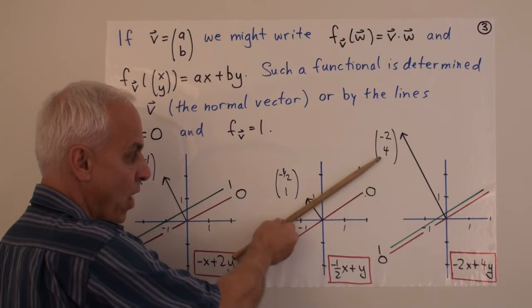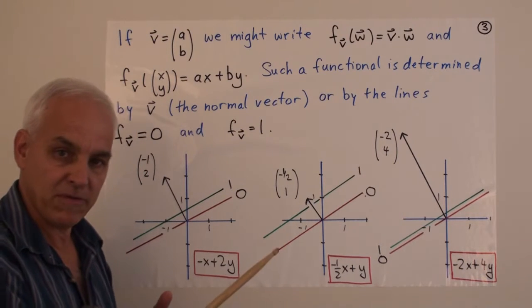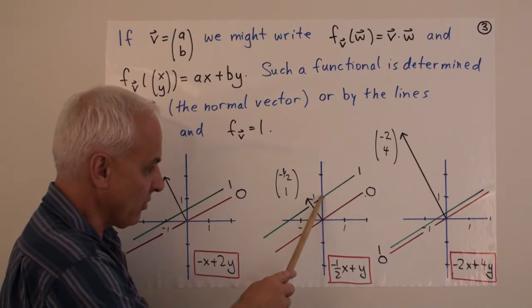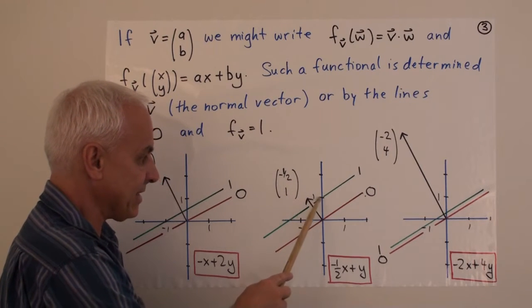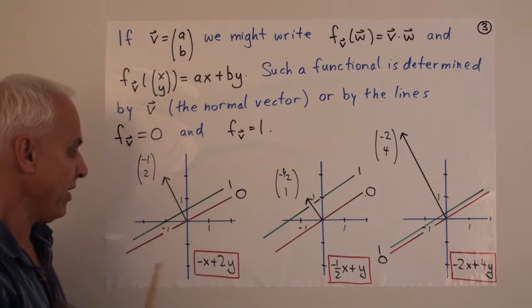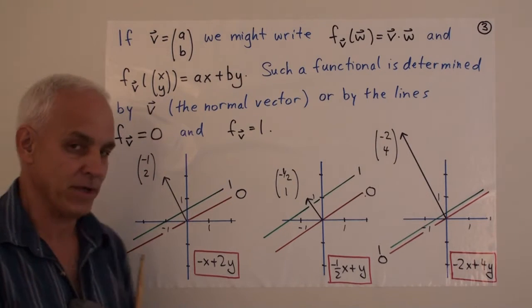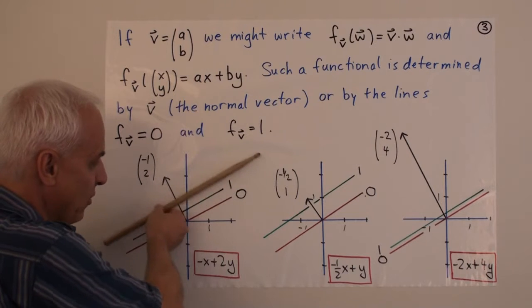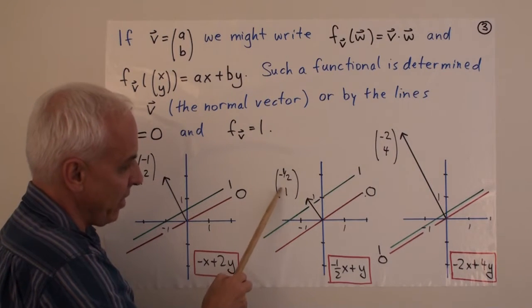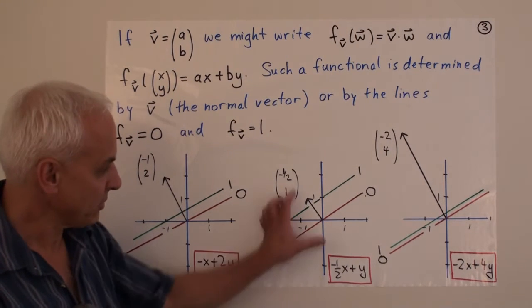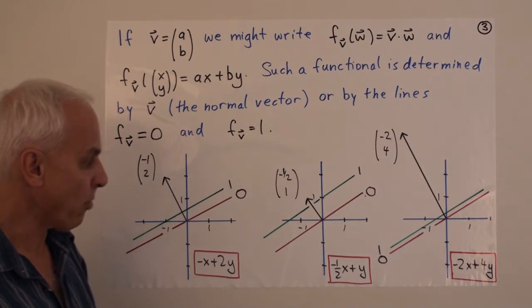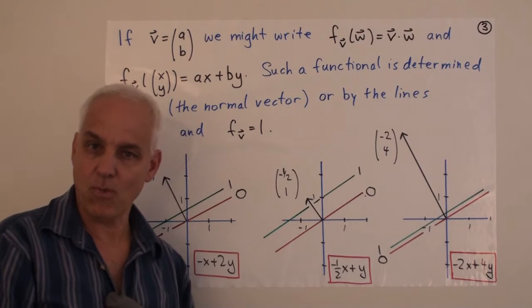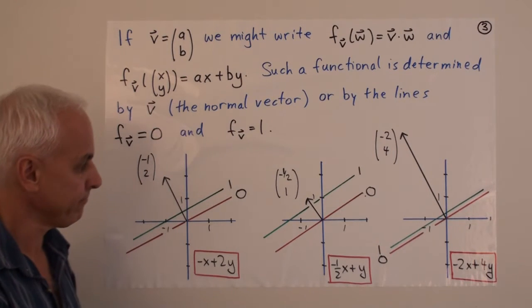But now the 1 level line is a little bit further out. For example, now the vector (0, 1) has value 1, while over here the point (0, 1/2) had value 1. So this line has moved out a little because this vector got shorter. The shorter this normal vector becomes, the more separation between the 0 and the 1 level lines.